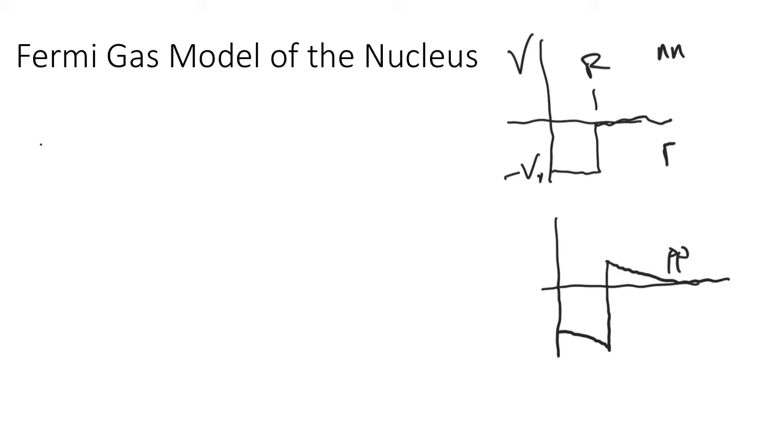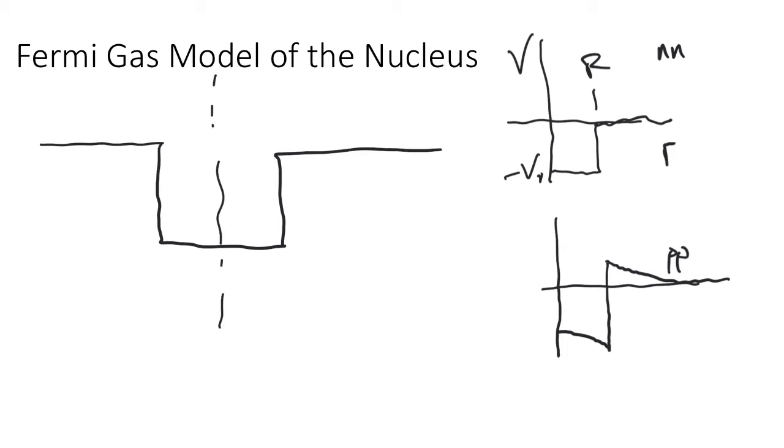And so for the neutrons, we expect that there'll be some overall square potential, and that for the protons, there'll be a very similar one, but slightly modified by the Coulomb potential.